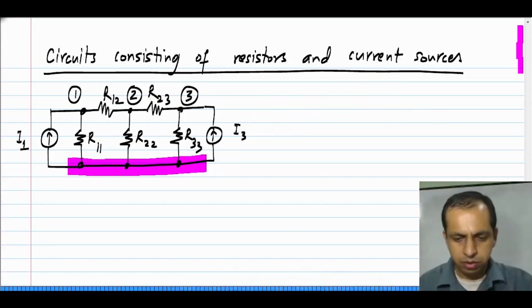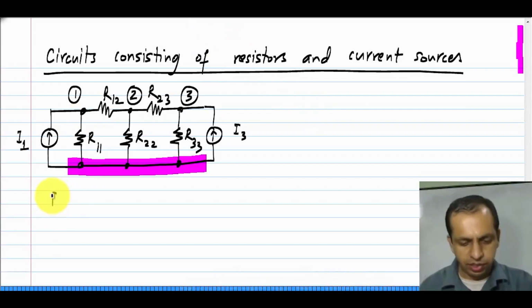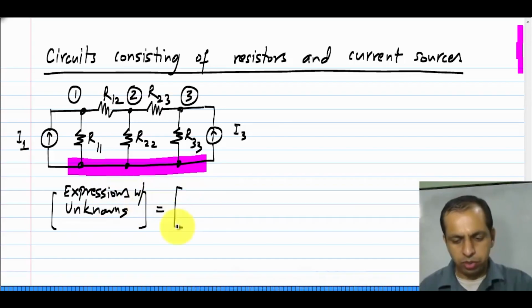Now, at every node I write the sum of currents going out of the node to be equal to the incoming current from the independent sources. So, the way we will set up all of our equations is like this. We will have some relationship between unknowns, some expression containing unknowns, and that will be equal to the independent sources which are known.